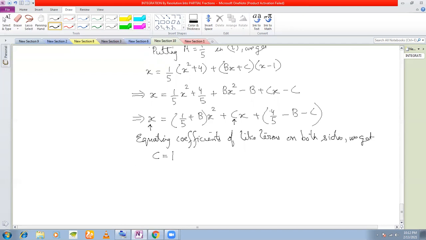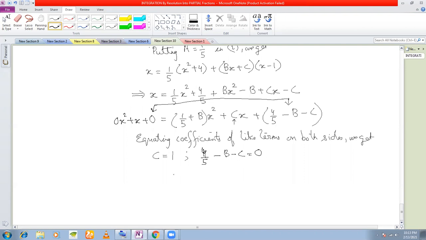And what is the constant term here? 4 by 5 minus b minus c. And what is the constant term here? It is 0, right? Or you can write it this way also, left hand side, you can write this as 0 into x square plus x plus 0, right? Now this term corresponds to this 0 here, so you'll put 4 by 5 minus b minus c is equal to 0.